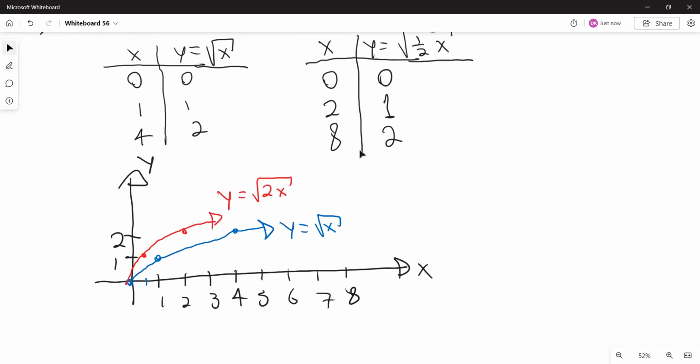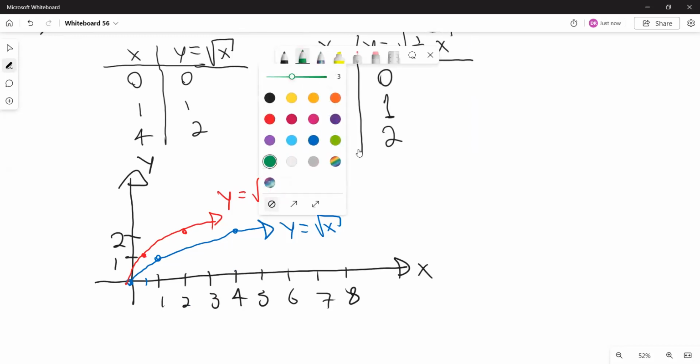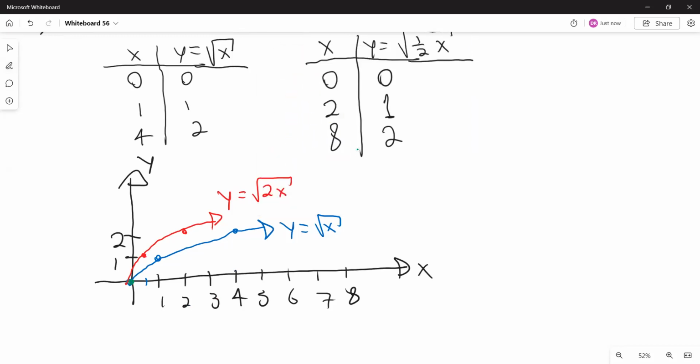Okay, so the graph of h of x passes through (0, 0), (2, 1), and (8, 2). So that's the graph of the square root of 1/2 times x.